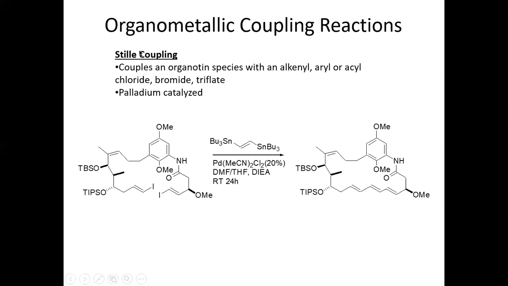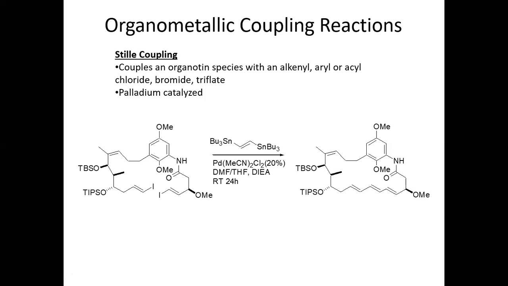So the power of these reactions lies in the fact that you can form carbon-carbon single bonds rapidly, right? The thing about this, as compared to the frustrated Lewis pairs, is that most of these processes are metal catalyzed, right? So this is probably one of the more popular organometallic coupling reactions.